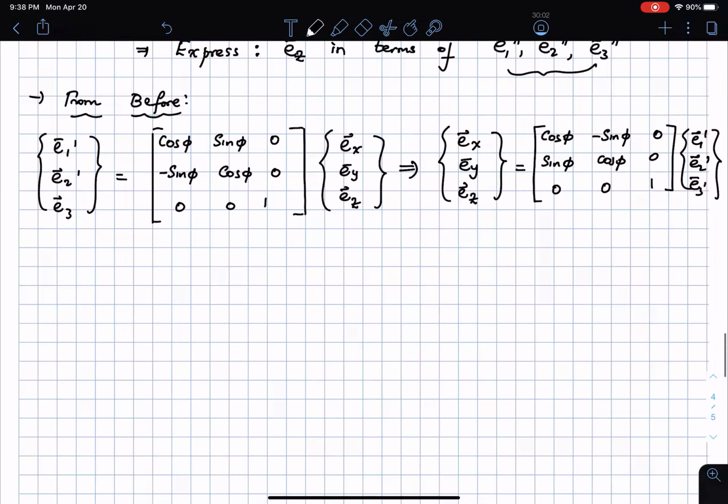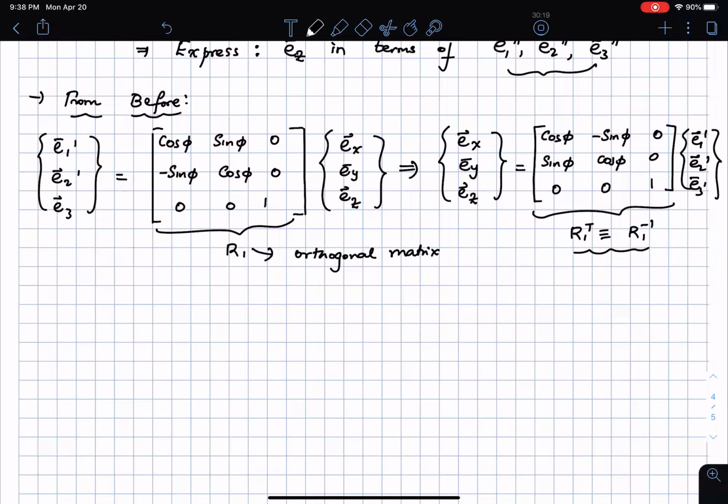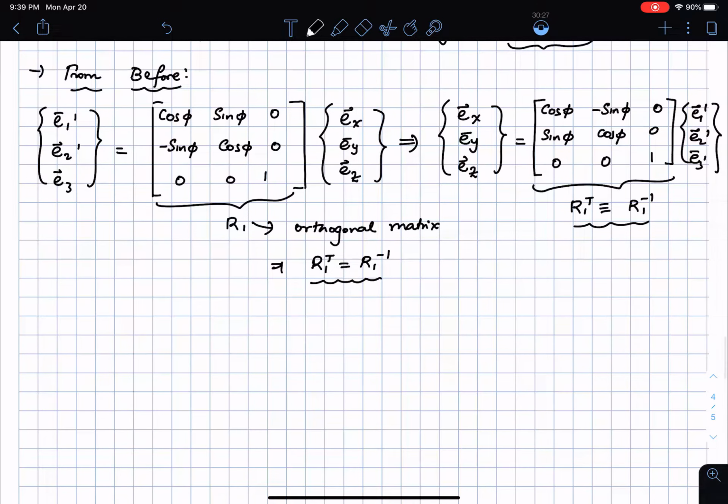If I call this R1, then this is R1 transpose, which is the same as R1 inverse, because R1 is an orthogonal matrix. And so I can immediately see that Ez is the same as E3 prime.